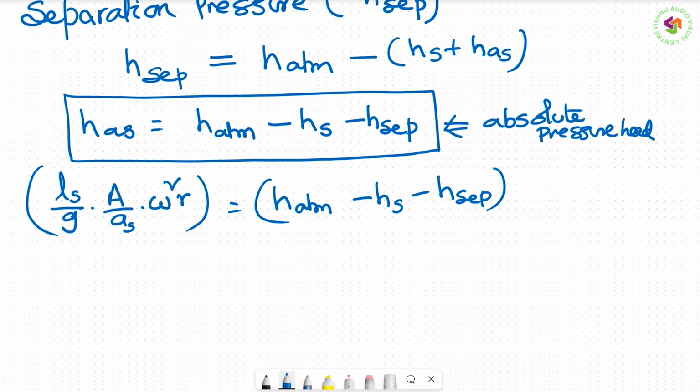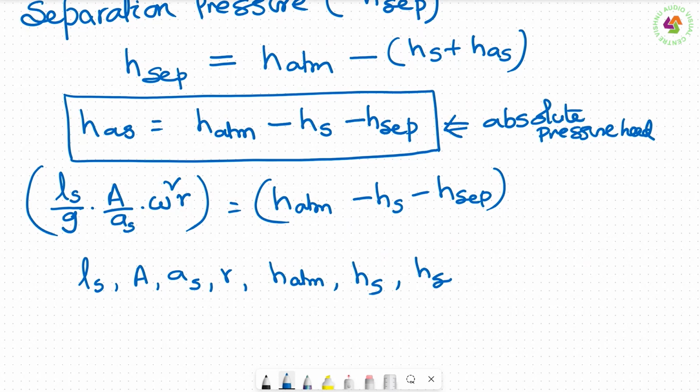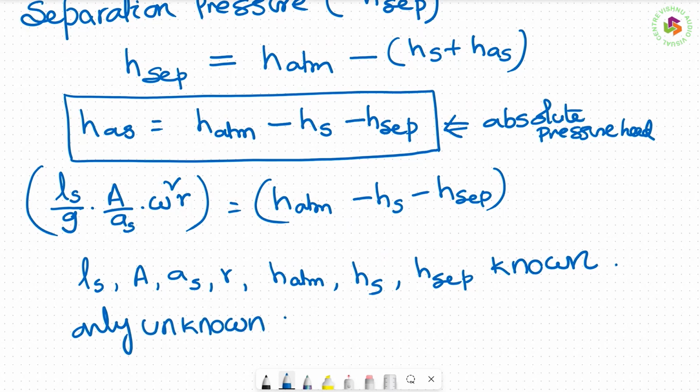Now in this, Ls is known, A is known, As is known, r is known, H atmosphere is known, Hs is known, H separation is known. The only unknown is omega.